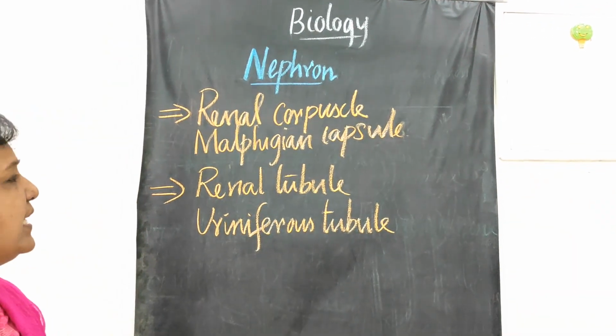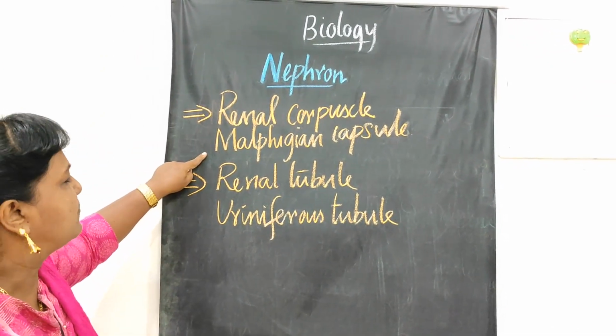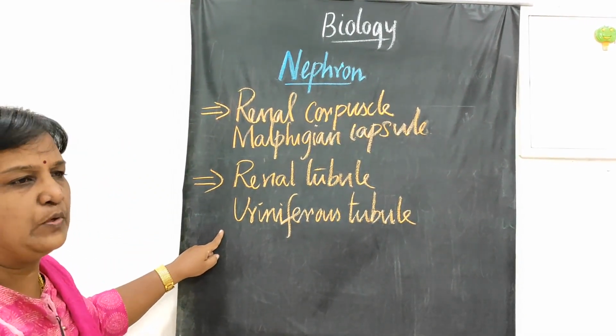So each nephron consists of renal corpuscle or Malpighian capsule and renal tubule or uriniferous tubule.